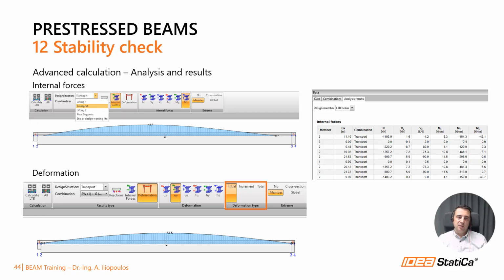The cross-sectional characteristics are adjusted during the calculation to take into account the actual cracking of the concrete. Then, as a result, we get the deformations and the internal forces, which can be represented both graphically and in a table. It's important to understand how this works.